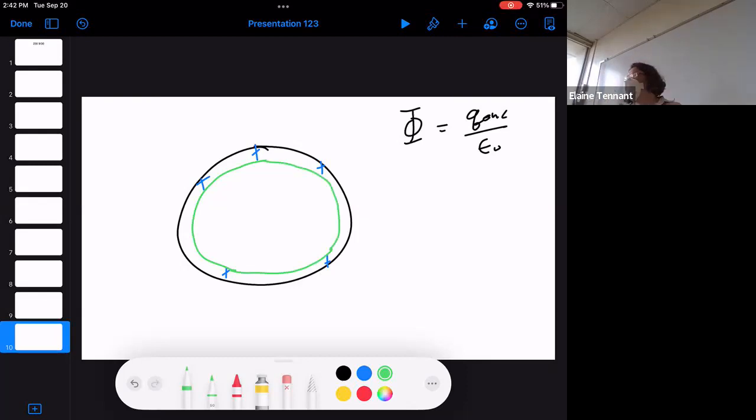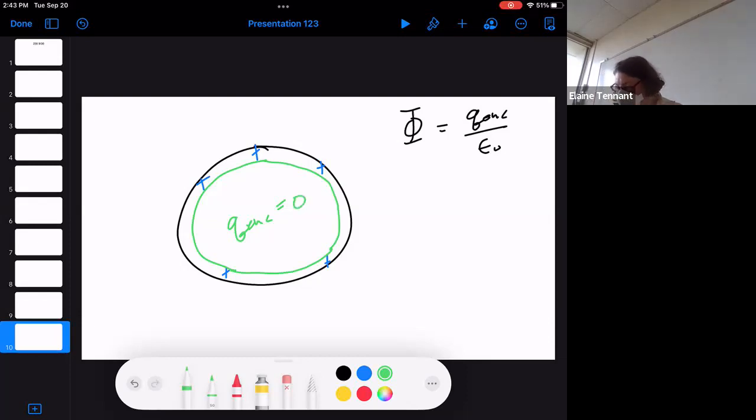And so I'm going to make my imaginary sphere right inside of that. What is the charge enclosed inside the sphere? Zero. It is 0. You are correct.